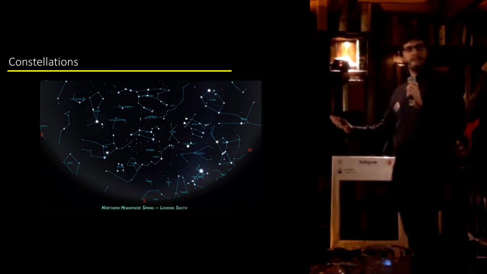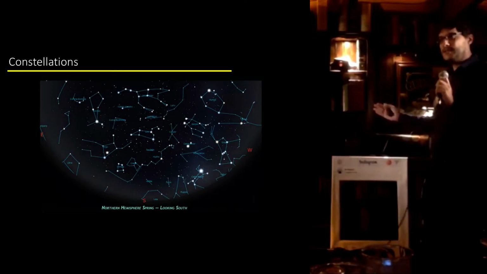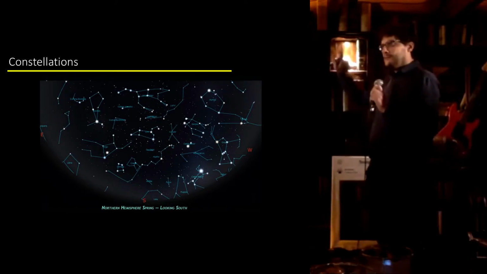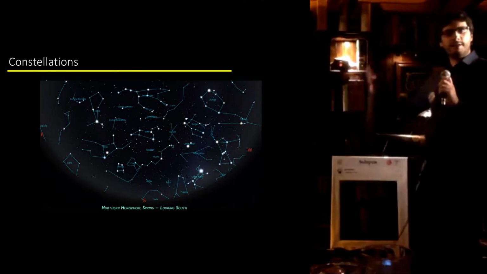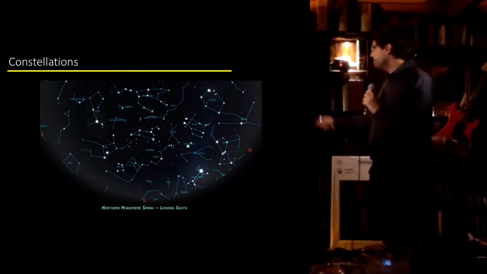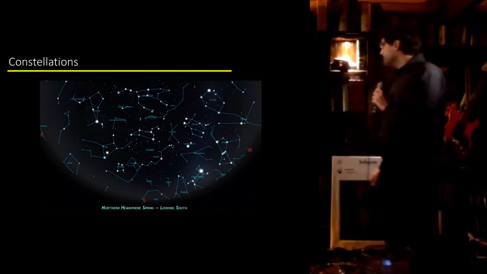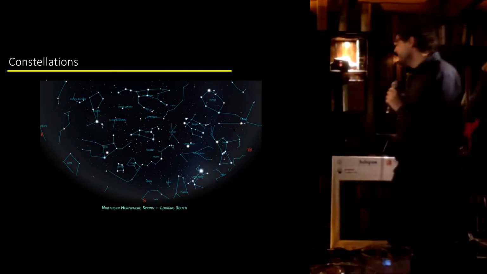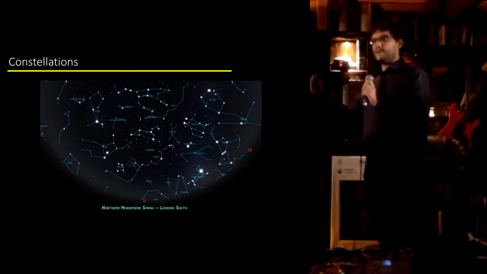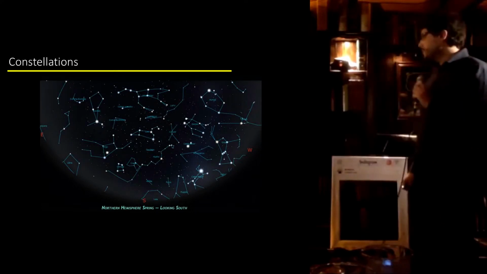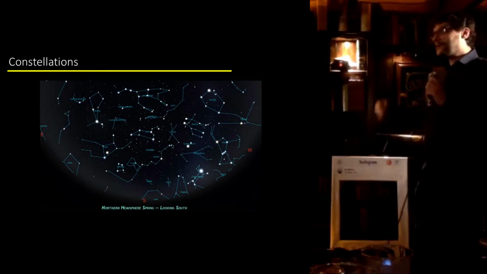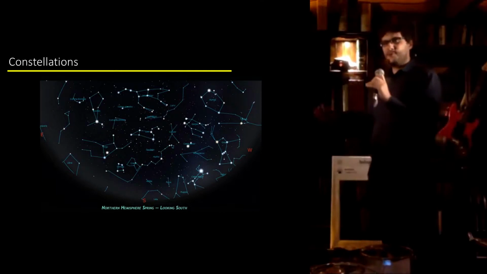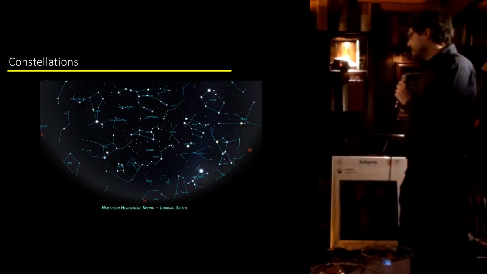That has been known since ancient times, from the earliest civilization we can trace back. They all had their own system of drawing figures among the stars and creating constellations from that. Here you see the constellations that we have with modern astronomy, which essentially derive from the Greek constellations, which themselves derive in part from the Mesopotamian, Babylonian constellations, which derive from God knows where, since that's the dawn of history and you can't really trace the origins back then.